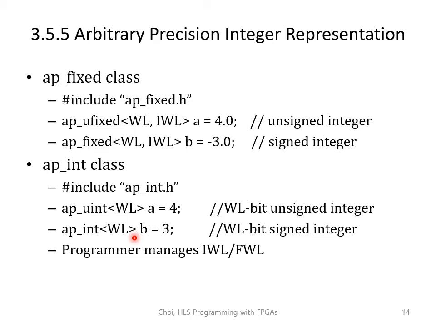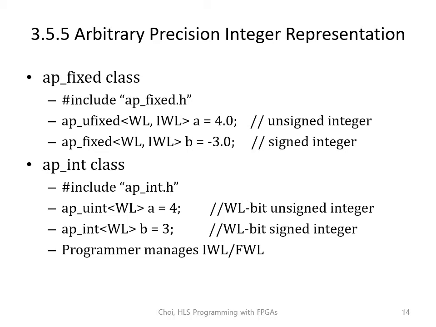Now, notice that you do not specify the IWL and the FWL for the ap_int class. Actually, in this case, it's up to the programmer to manage IWL and FWL.